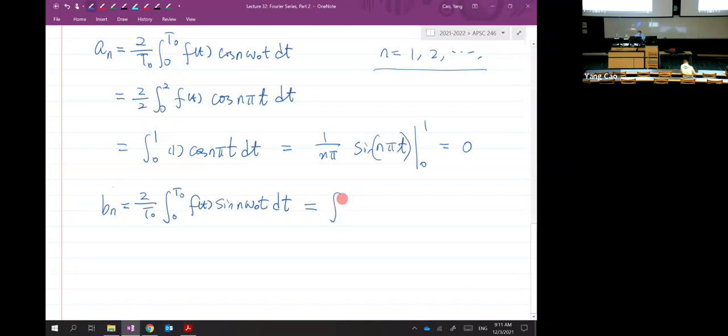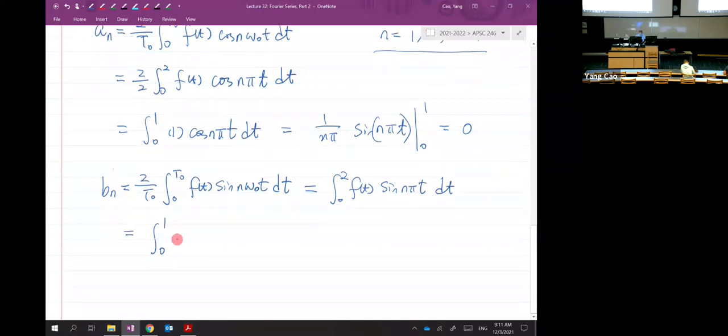So you get 0 to 2 f of t sine n pi t dt. And we only integrate between 0 and 1 due to the nature of f of t. Now you're only integrating sine n pi t from 0 to 1.